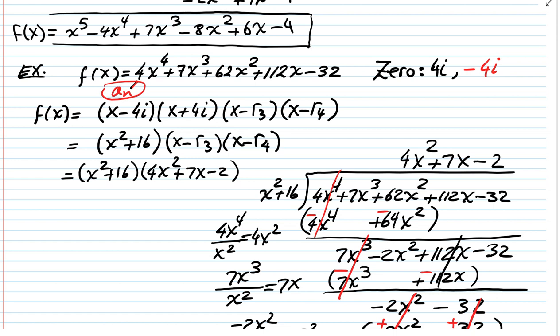So let's find now the zeros here. We already have 2 zeros coming out of x squared plus 16, right? 4i and negative 4i. Let's factor this further. The factored form of 4x squared plus 7x minus 2 is going to be 4x minus 1 times x plus 2.